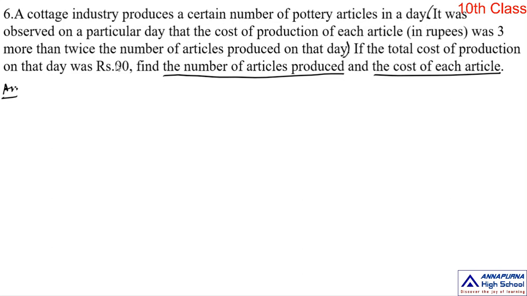It was observed on a particular day the cost of production of each article was 3 more than twice the number of articles produced on the day. So the cost of each article depends on the number of articles produced on that day.